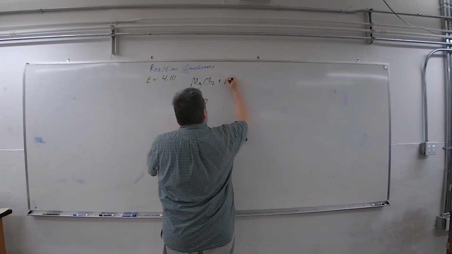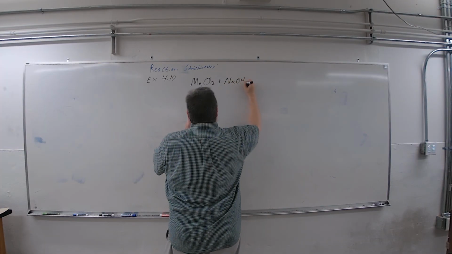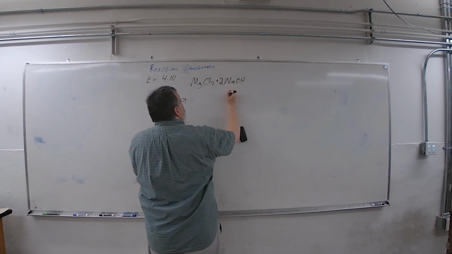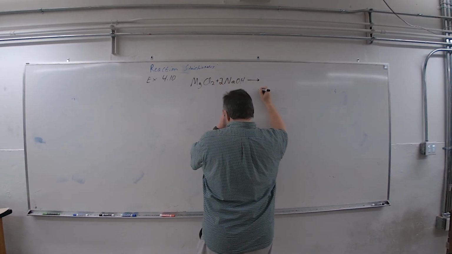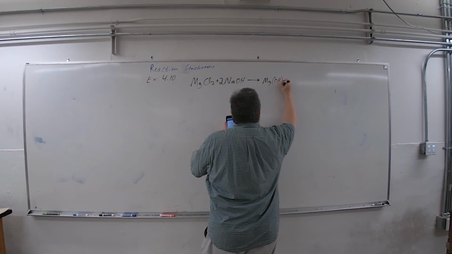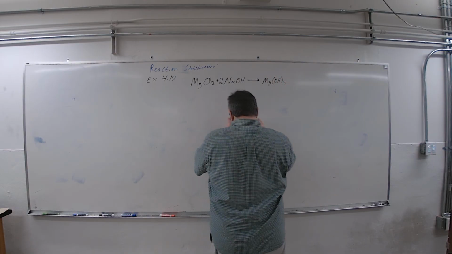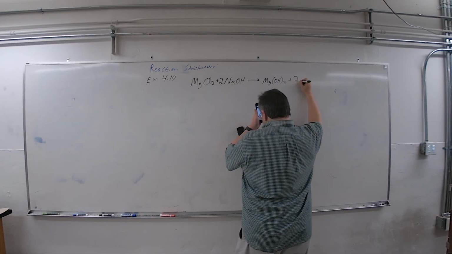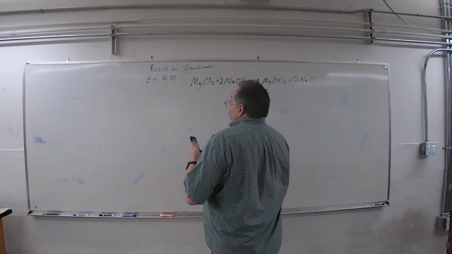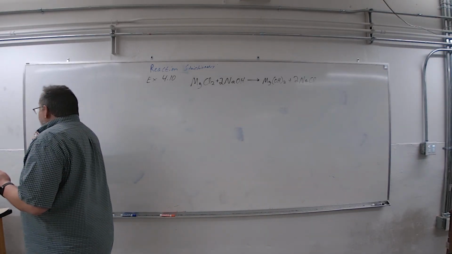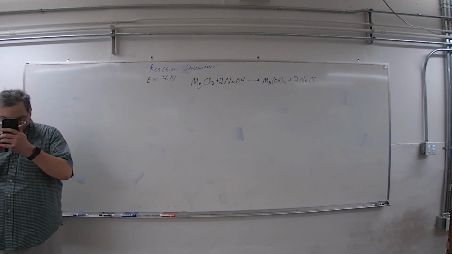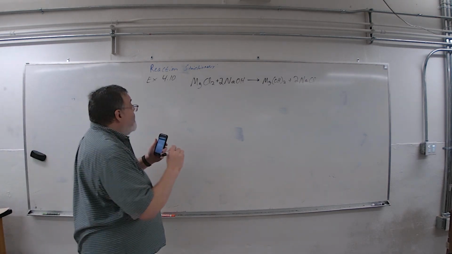MgCl2 plus 2 NaOH. Already balanced for you. You don't have to balance it. So there are 6 relationships here, right? I'm not going to write them all because I'm only going to need one. And I'll see which one that is when I get into it.